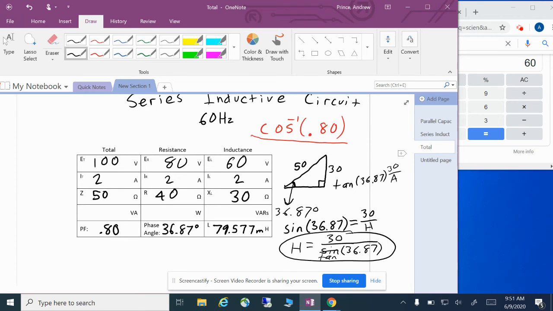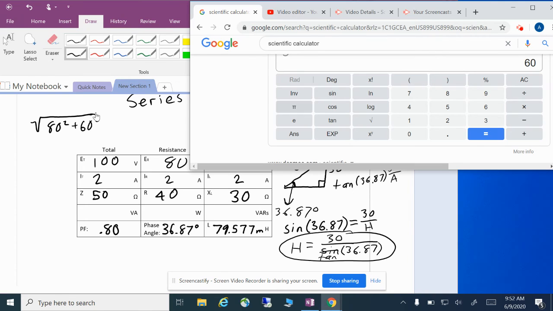So if I had Pythagorean theorem, I would take 80 squared plus 60 squared, and I would hope that that would give me 100. So let's see here. Yep, so our work checks out there.